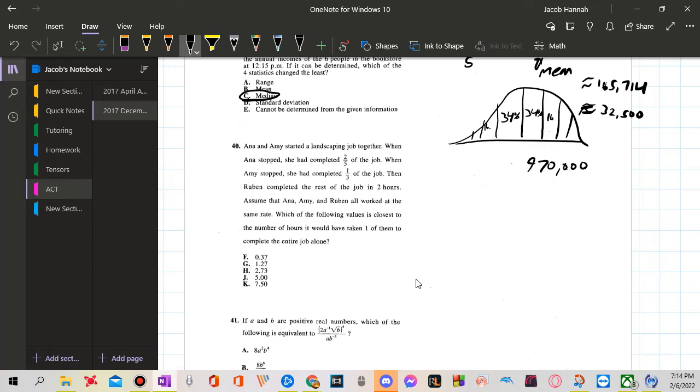So, alright, let's see. A landscaping job together. When Anna stopped, she had completed 2/5 of the job. So, let's just add it up. This is how much Anna did. When Amy stopped, she completed 1/3 of the job. Then Ruben completed the rest of the job in 2 hours.